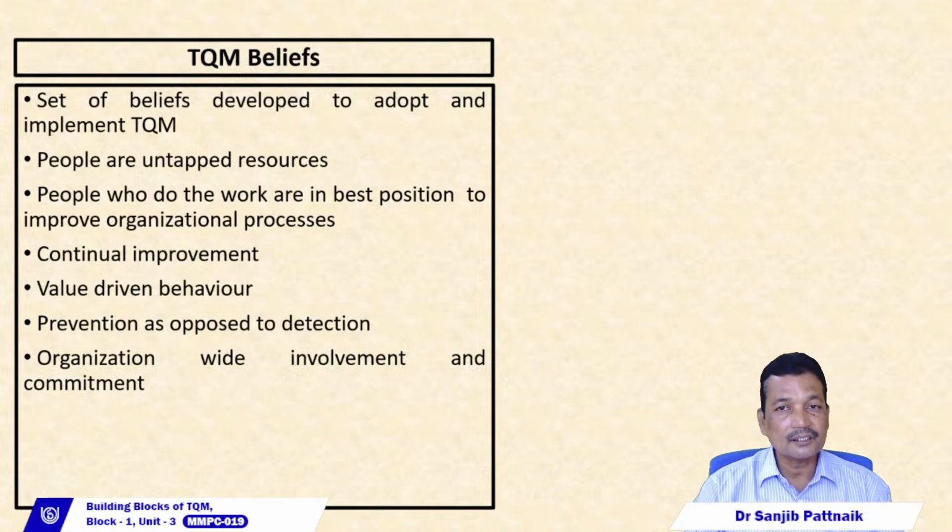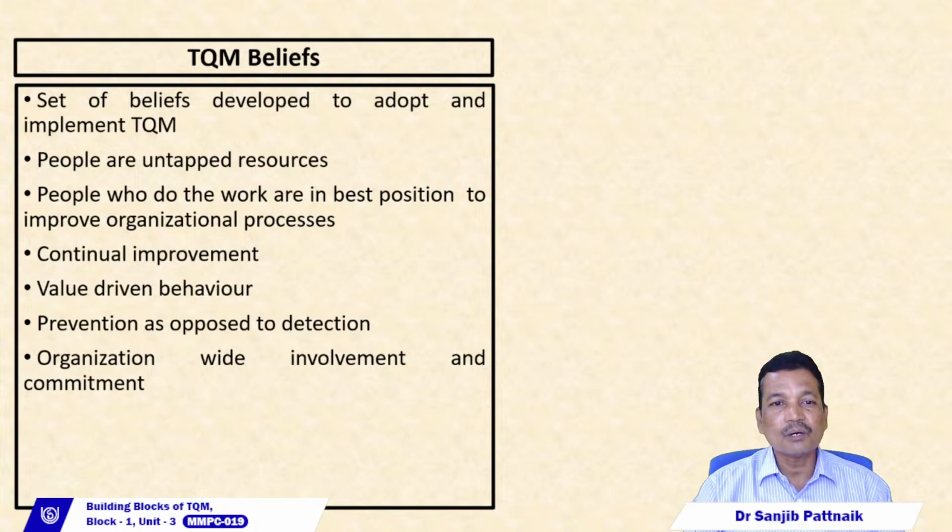They will give certain ideas which will be very helpful to the organization. So the first belief of TQM is people are untapped resources. So organizations should think broadly and make the best possible use of this people talent.